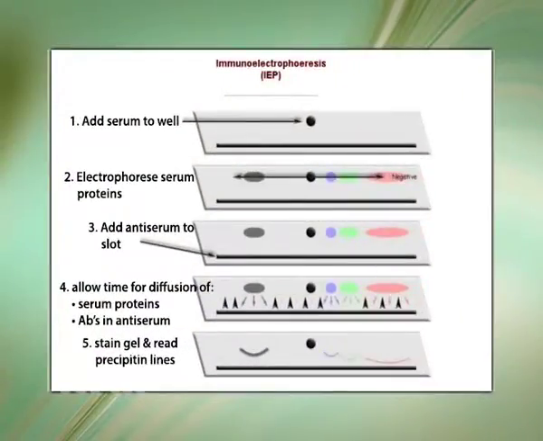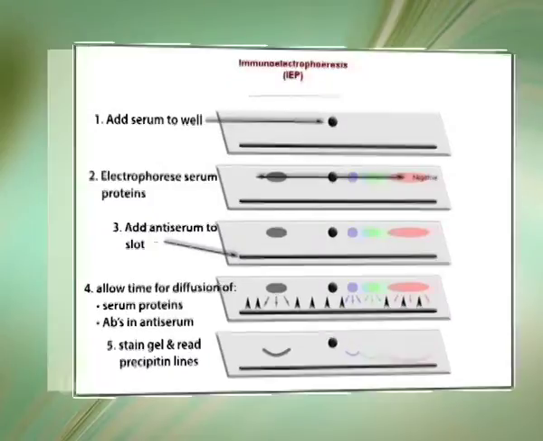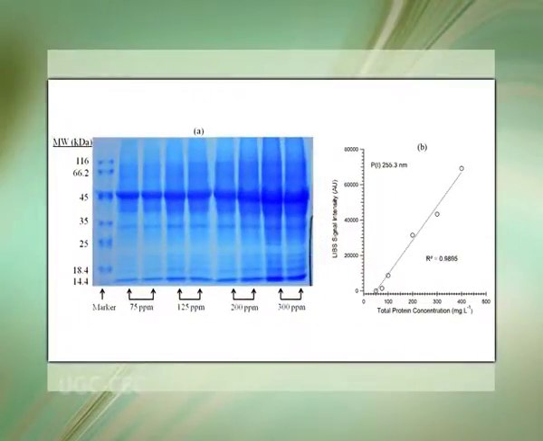Therefore, immunoelectrophoresis allows characterization of enzyme activities and ligand binding, etc., in addition to electrophoretic separation. Proteins are separated by electrophoresis, then antibodies are applied in a trough next to the separated proteins and immunoprecipitates are formed after a period of diffusion of the separated proteins and antibodies against each other.